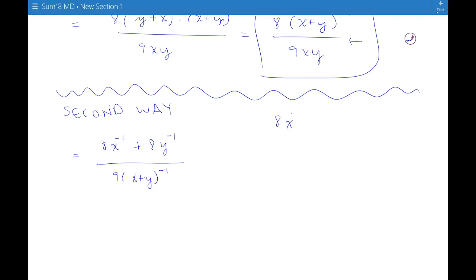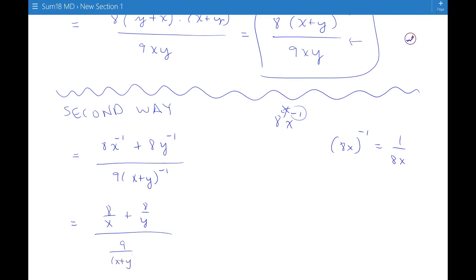One of the important things to be aware of is when you have 8x to the negative 1, this exponent of negative 1 doesn't go to the 8. If it was (8x) to the negative 1, this would be 1 over 8x. The parentheses give the exponent the power to act on the 8. Otherwise, it doesn't.